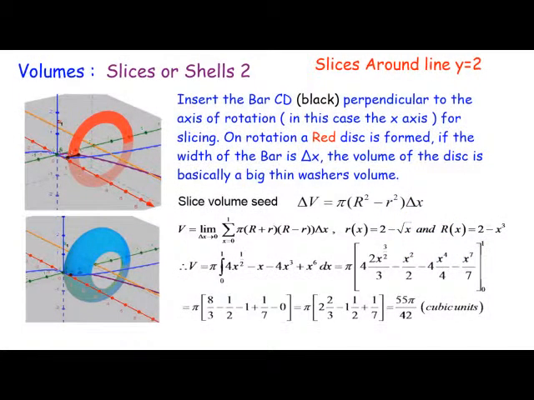If you go back to the previous one, we did that calculation before: I've evaluated that, expanded it, integrated it, and evaluated between 0 and 1, which is where the bar is moving along the x-axis through that area, from x equals 0 to x equals 1, and we'll get 55 pi on 42 cubic units.